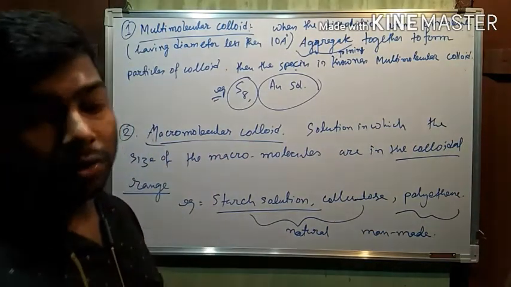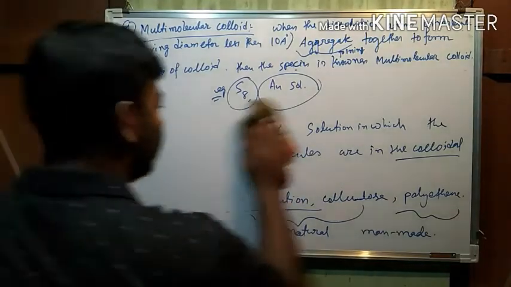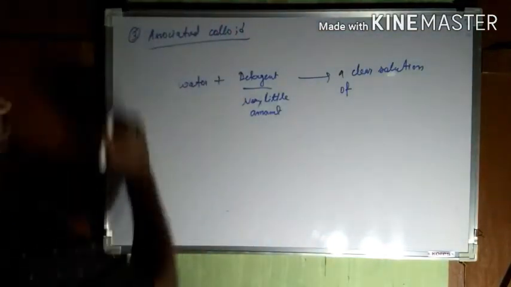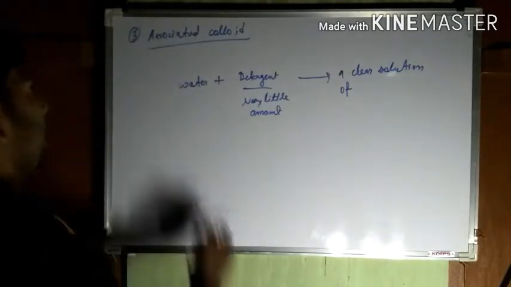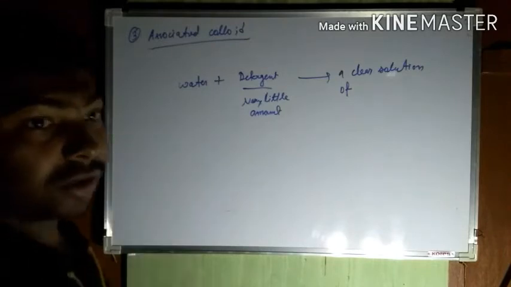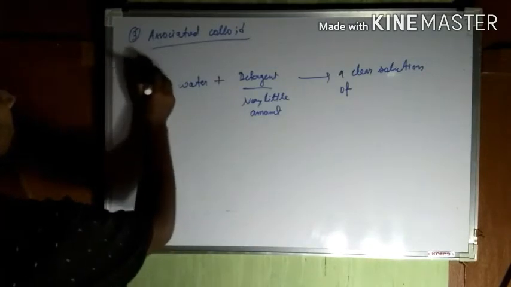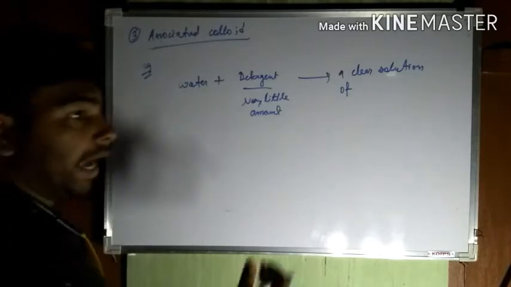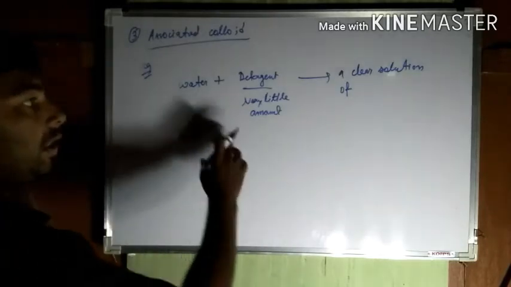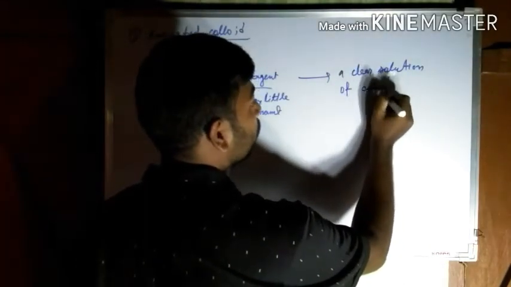The third one is the most important, the associated colloid. Associated colloids are very important in our daily life also. Let us take an example. When we add a very little amount of detergent in water, that means at a very low concentration, we get a clear solution of detergent.